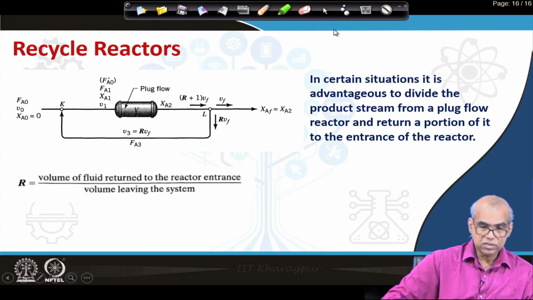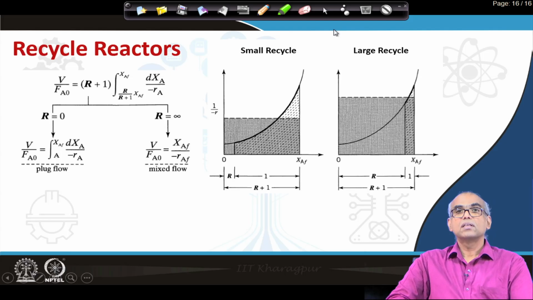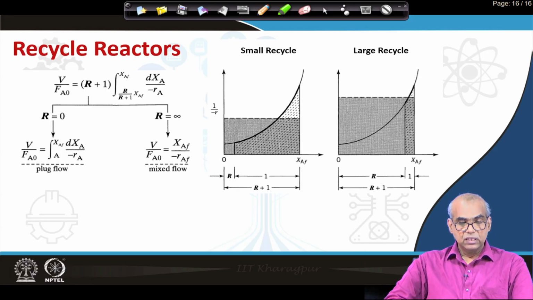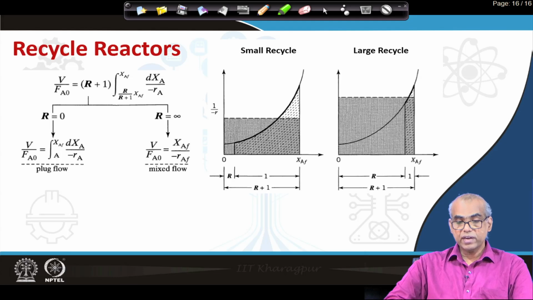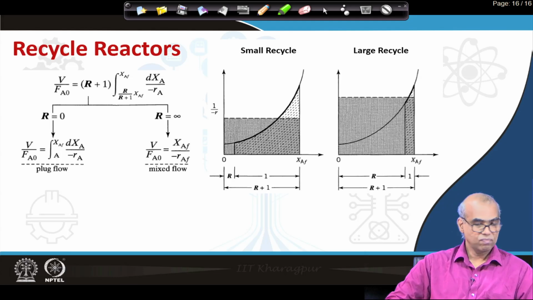If you analyze this recycle reactor, you will see that when the amount of recycle is small, in the limiting situation when the recycle rate is 0, the reactor will behave like a plug flow reactor. Whereas when the recycle rate is very high, with large recycle, the reactor will tend to behave like a CSTR.